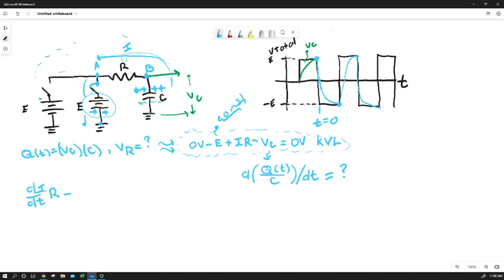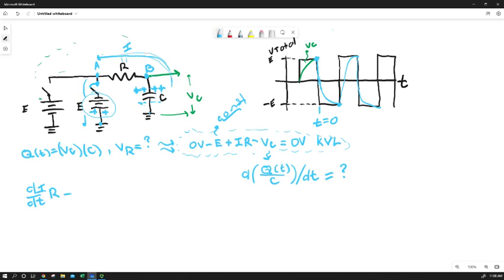So if we want to express charge Q in terms of current: if the charge here gets bigger, the flow of current in this direction gets smaller. If the charge here gets smaller, we are discharging the capacitor, and the current gets bigger.